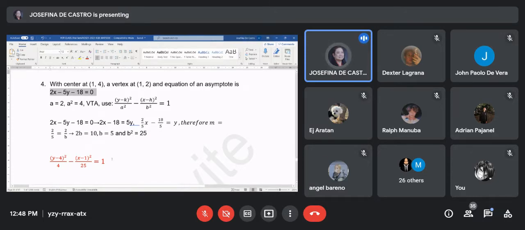So, kunyari, madalian kita ng slope. Kunyari ay 4x plus 5y minus 3 equals 0. O, anong slope nito? Class, anong slope?